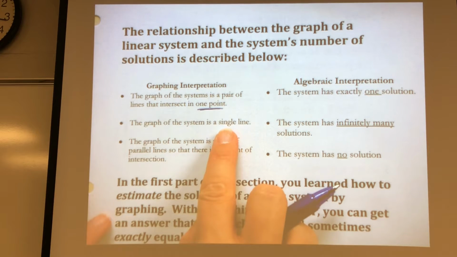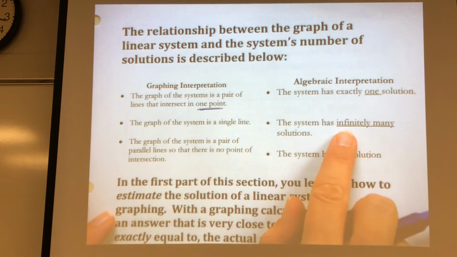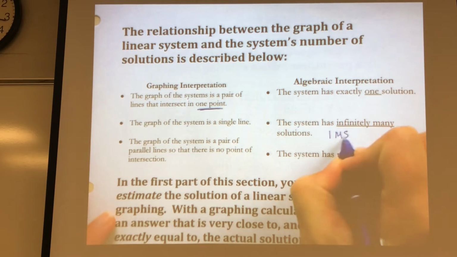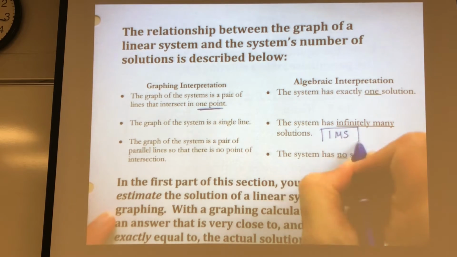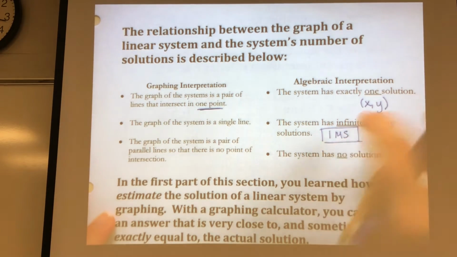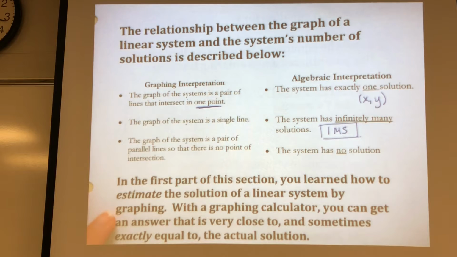That's what we did on 3A. The system has infinitely many solutions, or you can abbreviate that IMS. One solution would be a single point, so it'd be a coordinate like (x, y). And then the graph of the system is a pair of parallel lines, so there's no point of intersection. That was 3B, so it means it has no solution.